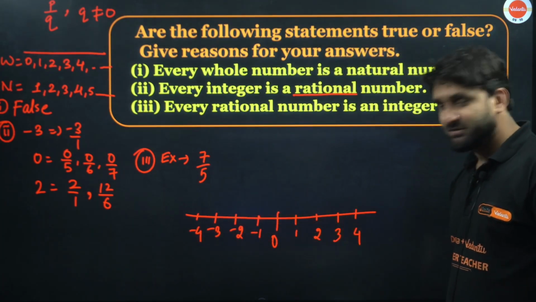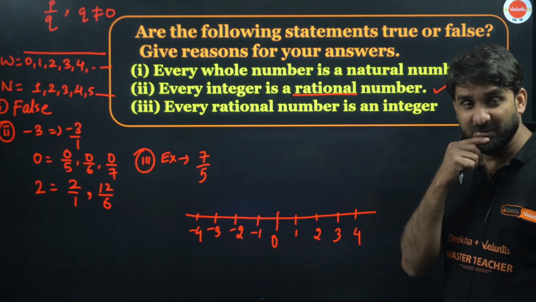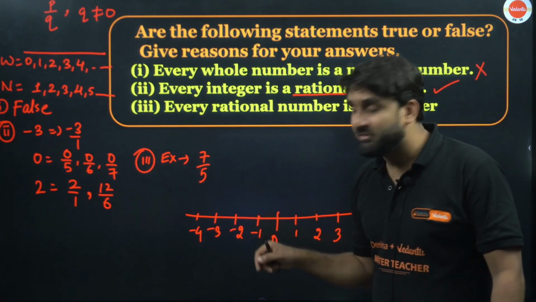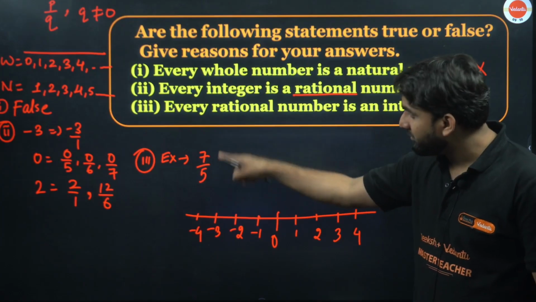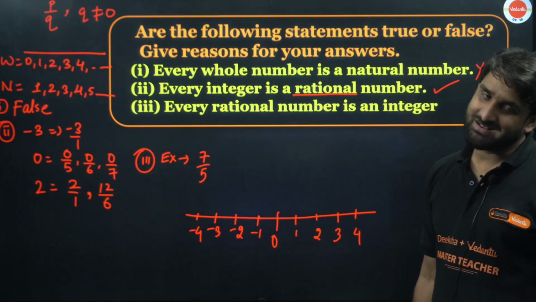Integers are not in decimal. Some student might be thinking we can calculate 7 by 5 in decimal. No, we are talking about rational number. So keep that as it is.